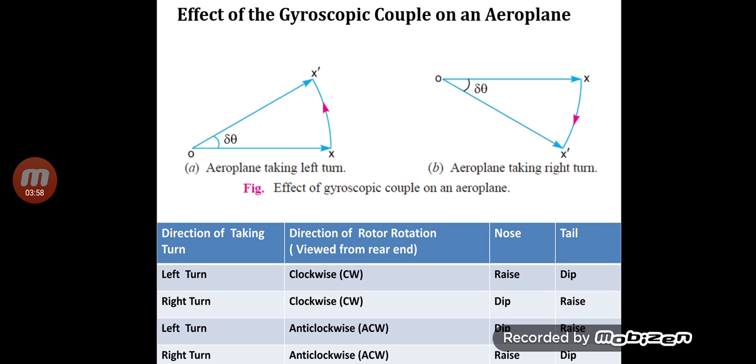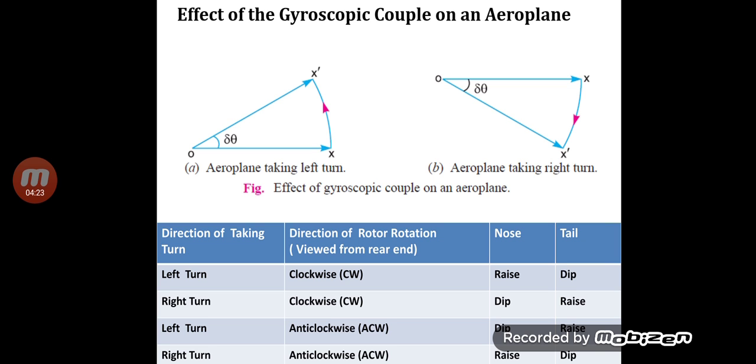It depends upon in which direction the propeller is rotating, when you observe it from the rear side or from the front side of the aeroplane. I have explained how to calculate that gyroscopic couple, and how to judge the effect of that gyroscopic couple on aeroplane.